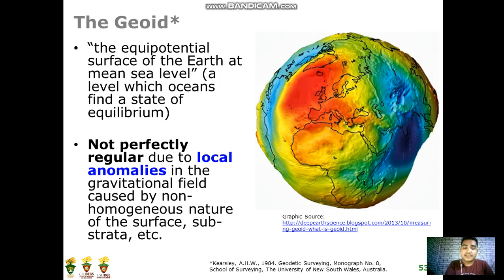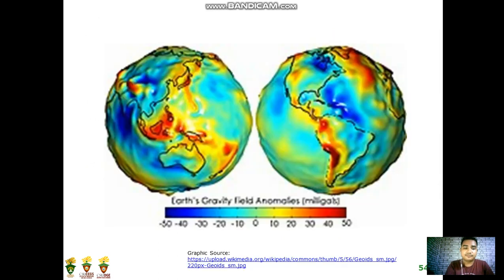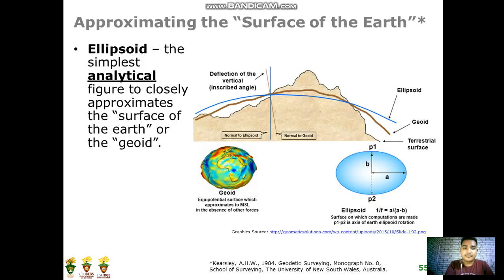So as you can see in the picture, no, dili gid siya regular, okay? Mura siya og kanang bato, no? Wala siya exact na shape. That's geoid. Another picture that shows the geoid. And ellipsoid, it is the simplest analytical figure to closely approximate the surface of the Earth, or the geoid.